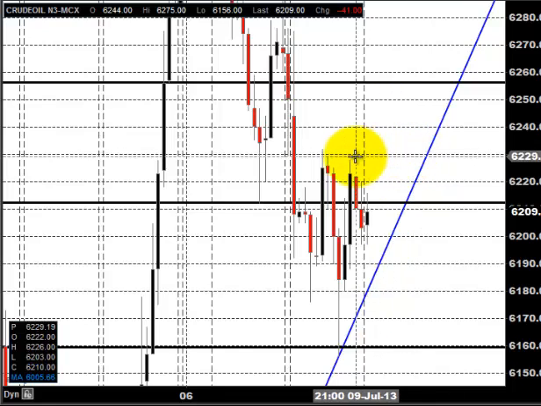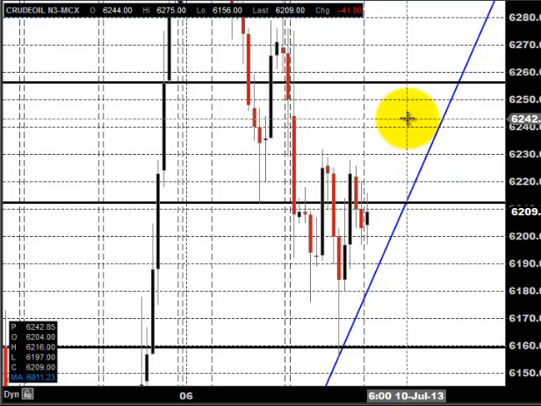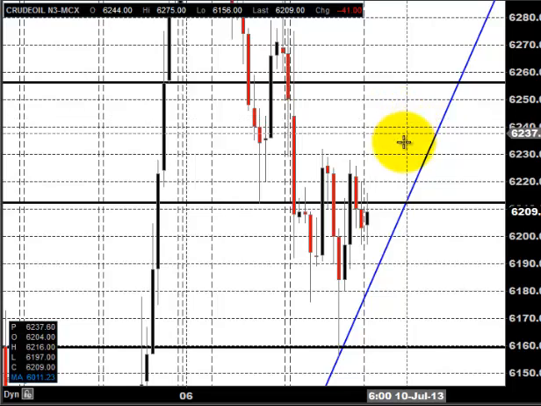Now if the price opens above yesterday's high, then it will again pull a lot of buyers. Today we have the crude oil inventory report and a few news items after 10 o'clock also. That can provide us a clear momentum. Today also we are expecting the same thing.